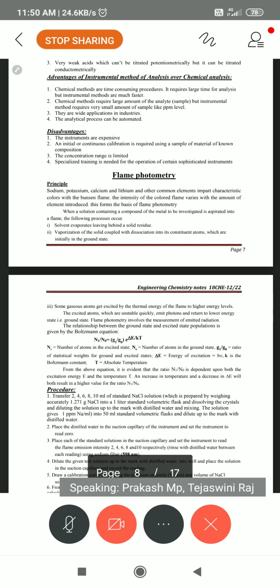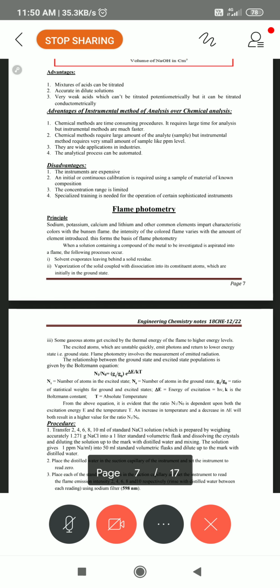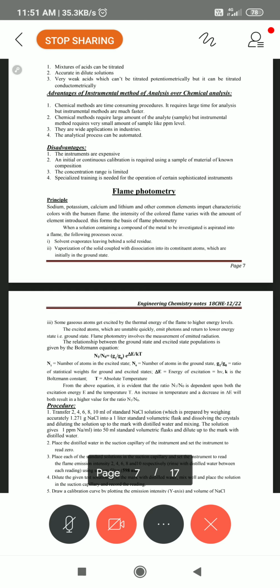Then it is sprayed onto the Bunsen burner flame, the water evaporates, and the salts, metals or atoms absorb energy from the flame and jump to a higher energy level. N naught is the number of ground state atoms, and N1 is how many atoms are excited. In the same way, G naught is the ground state and G1 is the excited state.